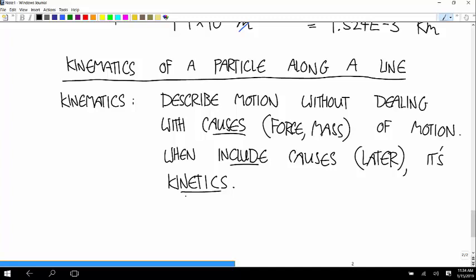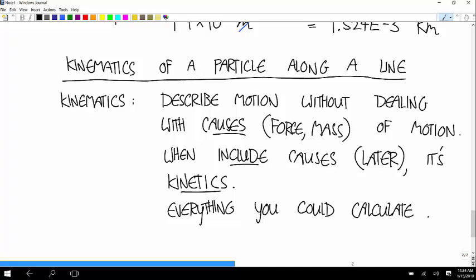The more complicated thing is the simpler word. Another thing I like to think about, so kinematics is everything that you could calculate from a video of the motion.